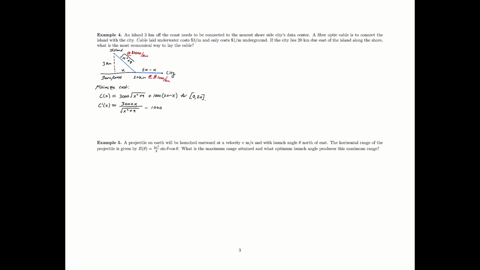Again, a critical point is a location where the derivative either does not exist or equals 0. This always exists because we never divide by 0, because x squared plus 9 never equals 0. So we only need to worry about when the derivative equals 0.